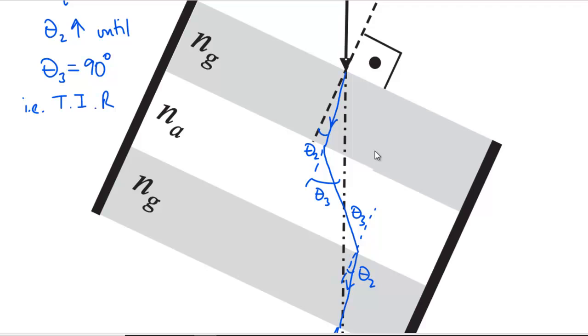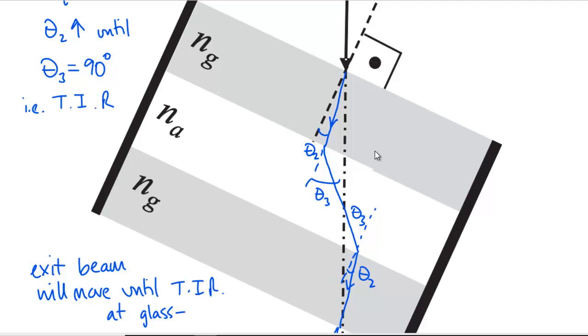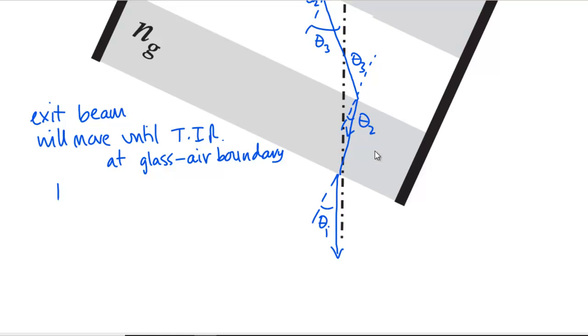So what we need on this is to say the exit beam will move until we get to total internal reflection at the glass-air boundary, and then it will disappear. Then we won't see it anymore. So we need to mention that as well. So then light disappears.